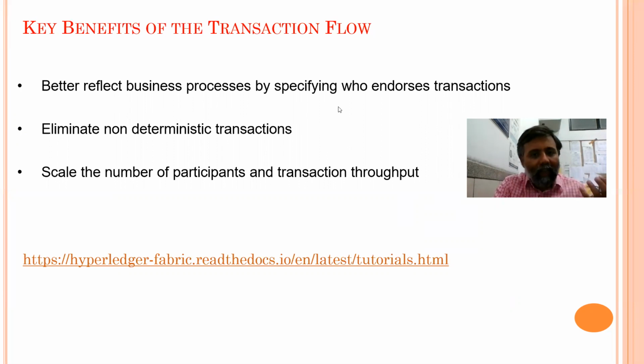Basically, the logic for that is that all the endorsers are business entities participating. The basic idea of Hyperledger Fabric is that we would like to see whether all those endorsers are endorsing that transaction or not. Then only can it be ordered, form the block, and then be added. So this is the basic idea.